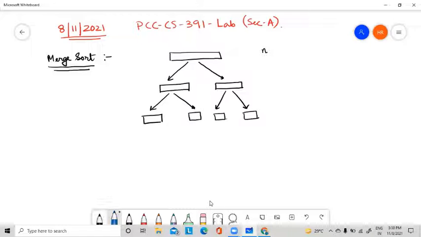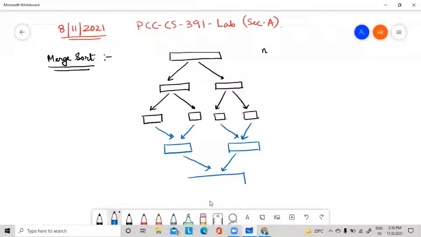So when it becomes a single element, then you have to perform the merging operation like this. Then it will create a merged array like this. Then these two will again be merged to get the final sorted array. So this is your unsorted array, and this is your final sorted array.